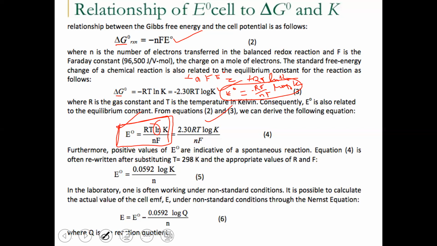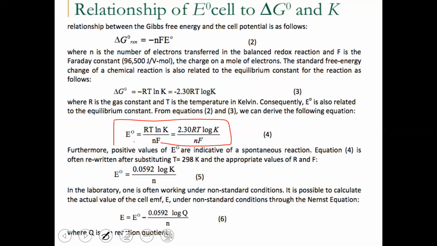So this equation, see this one, gives the relationship between the E naught, that means cell potential, and the equilibrium constant K. Now in this equation, if you substitute the constant values of T, R and F, then we can get a simplified equation.